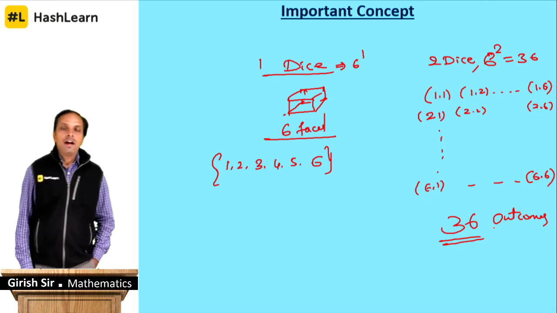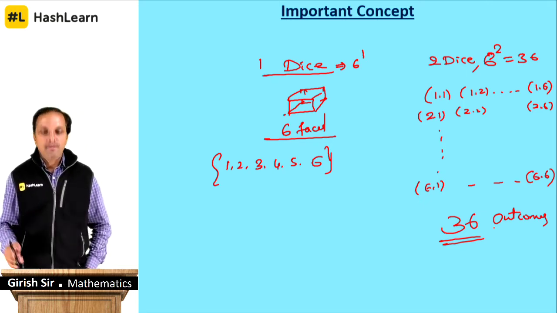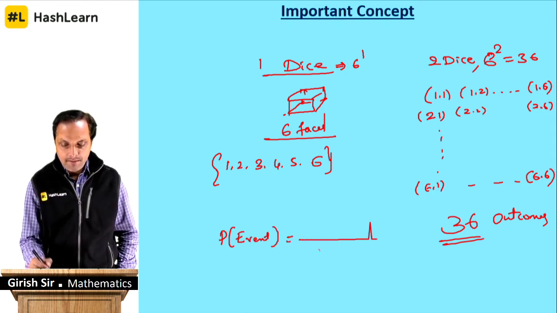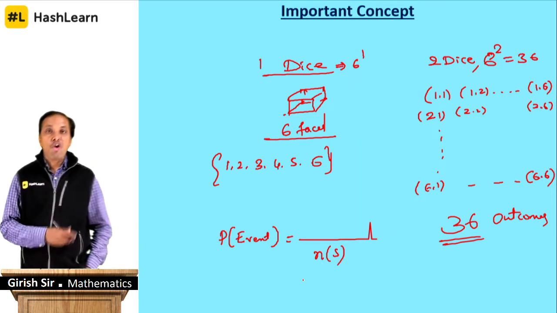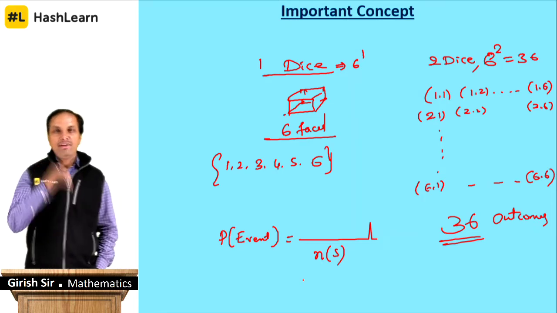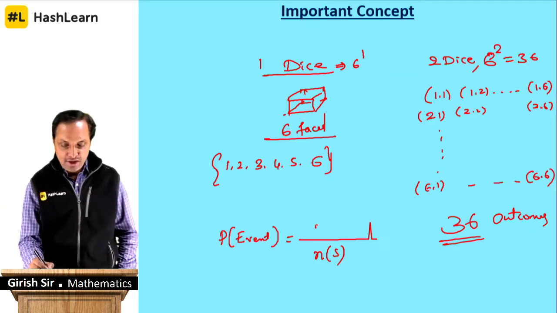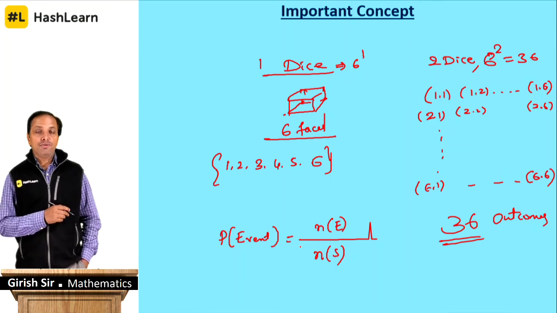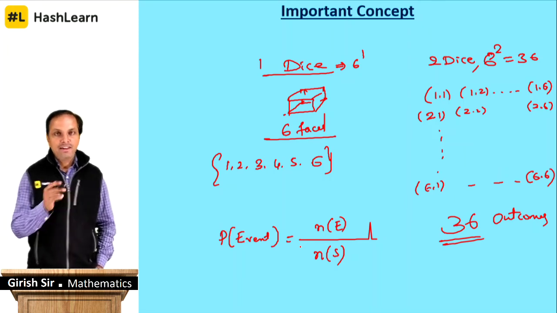Okay, so what you have to do is this. Probability is nothing but, if they ask you what is the probability of a certain event, the sample space, that is all the possibilities, should be written in the denominator. And the probability of the particular event they are asking about should be written in the numerator.